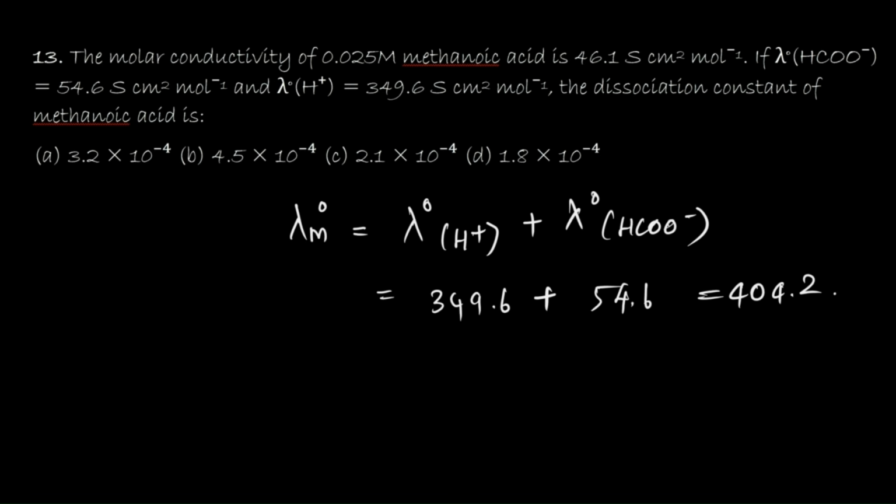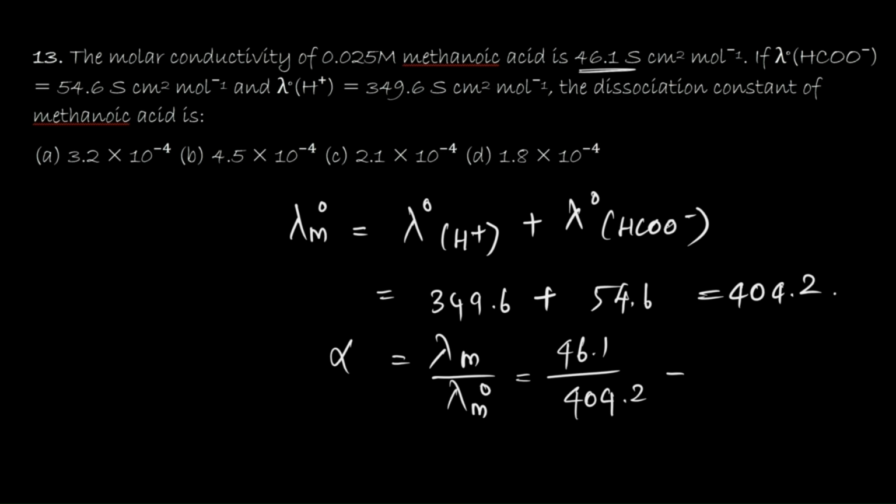which is 404.2, right? They're asking the dissociation constant, which needs alpha. So alpha is lambda m by lambda m naught. Lambda m, the molar conductivity of methanoic acid, is given as 46.1. So 46.1 divided by the value we found, 404.2, which is 0.114.